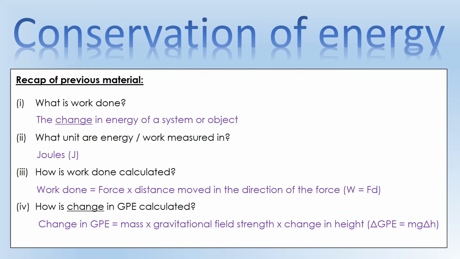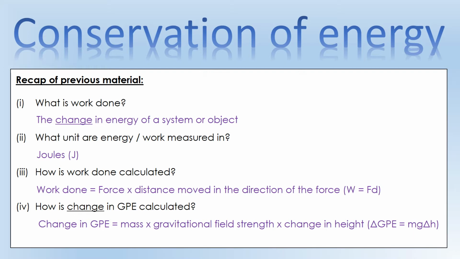The reason there are all of these changes, or deltas, is because we at no point are calculating how much GPE an object actually has, but we can calculate how much it gains or loses by its height change. Okay, so that's the stuff that we've met before.